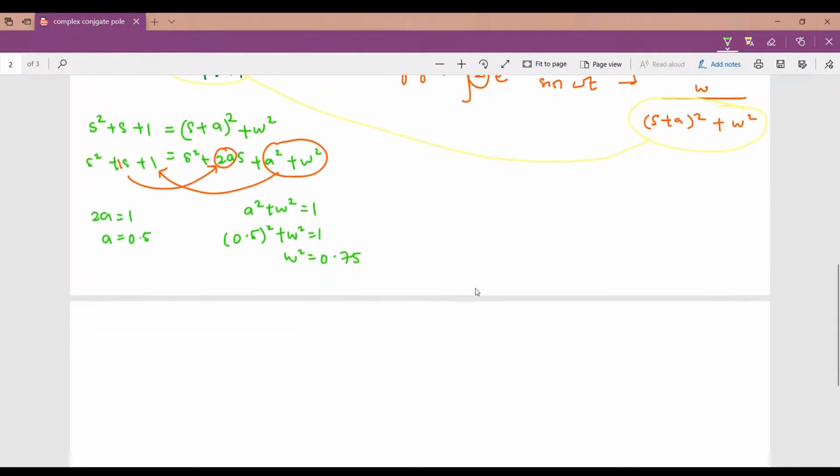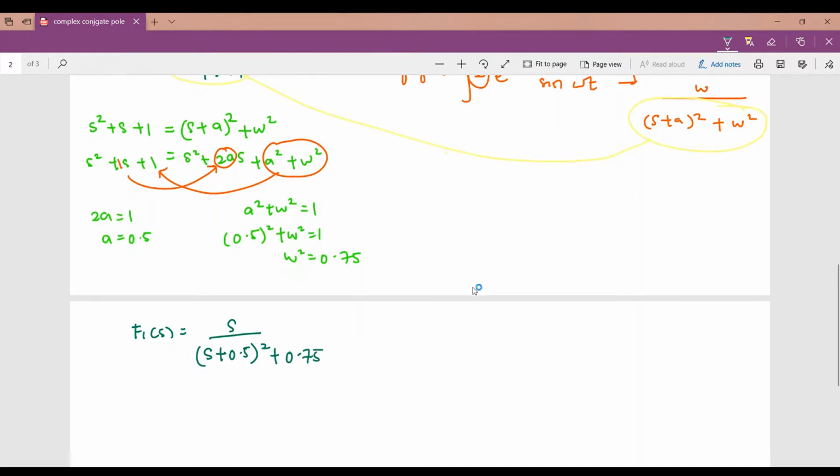From this value, I can write that F1s is equal to S over S plus A, 0.5 square plus omega square.